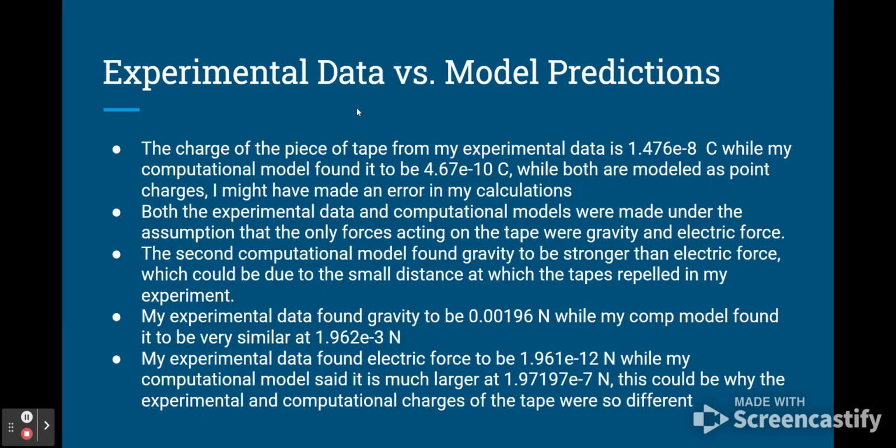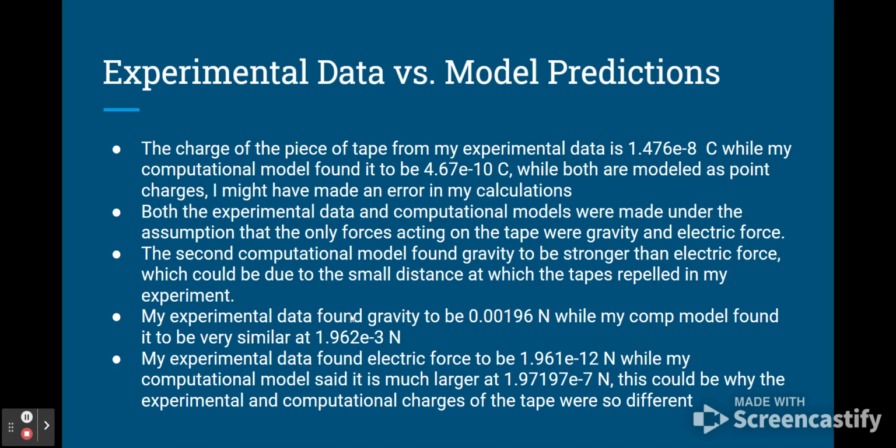So the charge of the piece of tape from my experimental data was larger than what I found in my computational model, so I might have made an error in my calculations. Both the experimental data and computational models were made under the assumption that the only forces acting on the tape were gravity and electric force. The second computational model found gravity to be stronger than electric force, which could be due to the small distance at which the tapes repelled in my experiment.